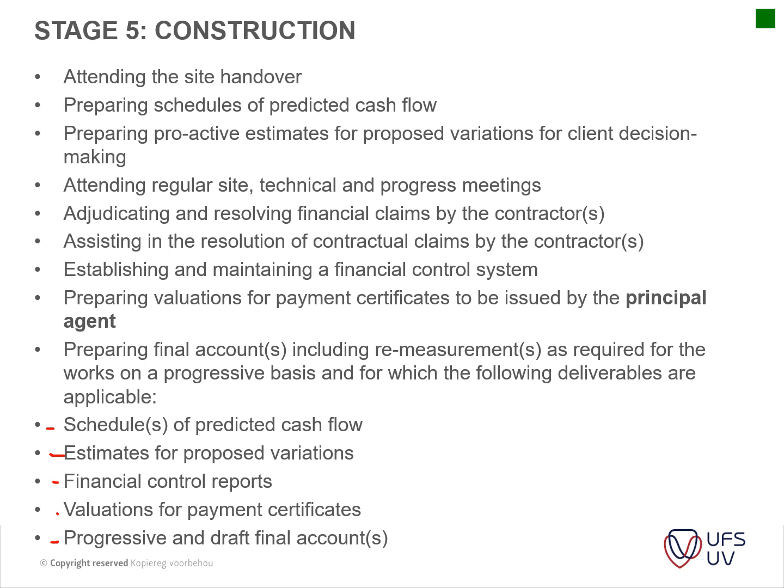Now the final accounts we'll get into later on, but this is the final cost that is signed by the client and the contractor, saying, okay, this project is done, this is what is outstanding to the contractor, or this is something which is due to the client.